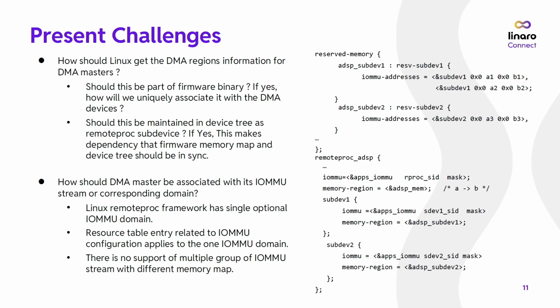But this problem statement still continues. Even if we use the reserved bits in the resource table, each MMIO will have a device address, a physical address, then the flag. It needs to be aware of the entire memory-related access, and that memory needs to be associated with some SID or domain information.